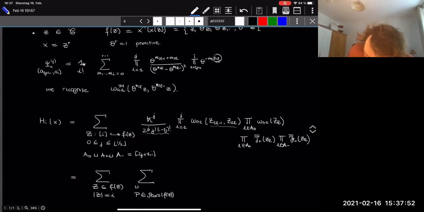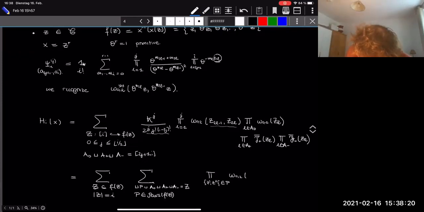And then you want the union of all these pairs, union with A0, union with A plus, union with A minus. So doing it in this way, this should be Z, the set that we have here. And that has the effect, rewriting like that, of removing all the combinatorial factors.